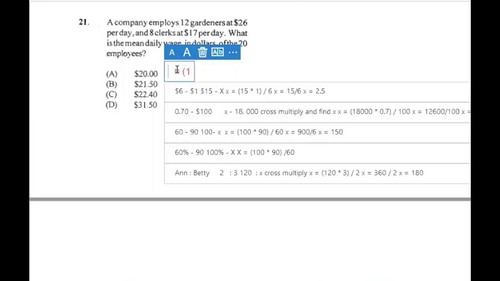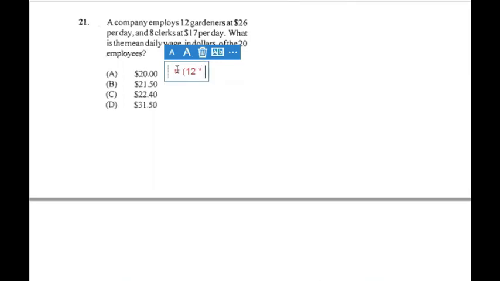So that would be the same as 12 multiplied by 26 plus 8 multiplied by $17, and all of that is divided by the 20 employees.